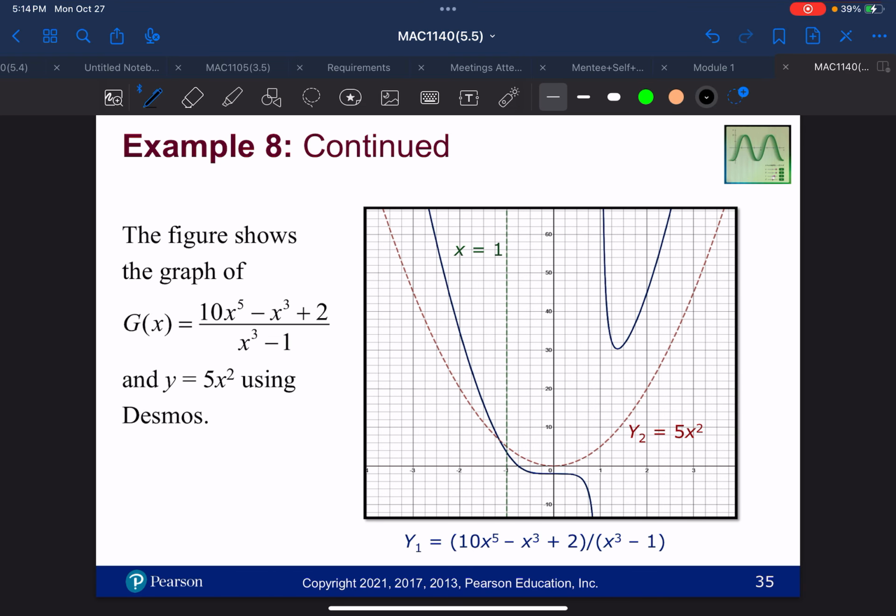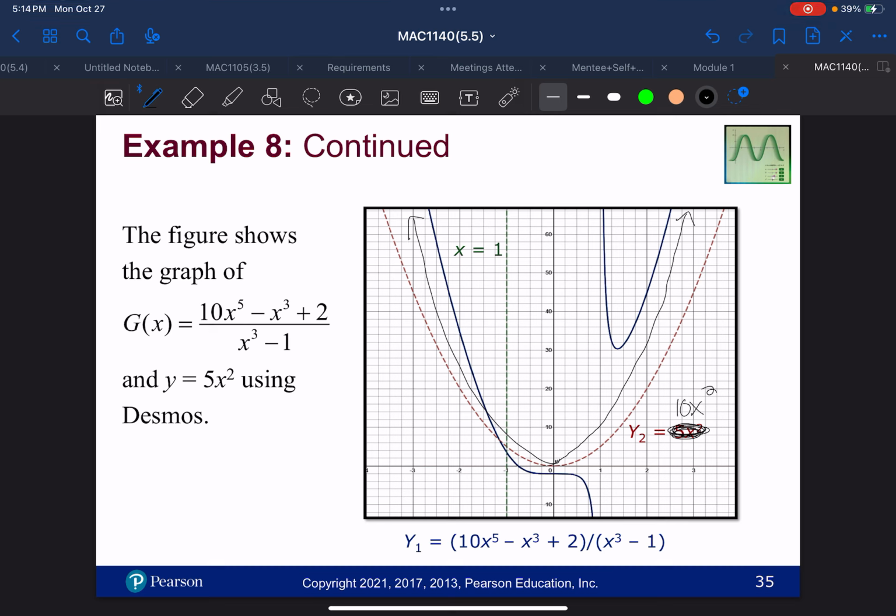And so I think this is supposed to be really 10x squared, and then I don't think that they graphed it right. And I think it should have been more like upwards, like this, which would make more sense because then it would be closer to the actual end behavior of the graph.